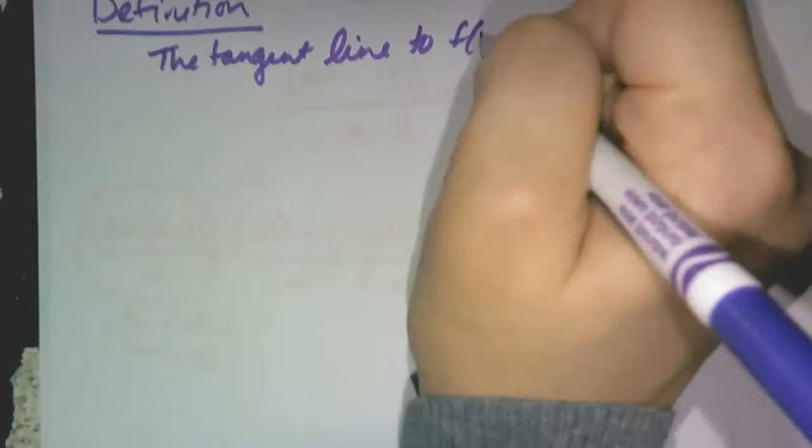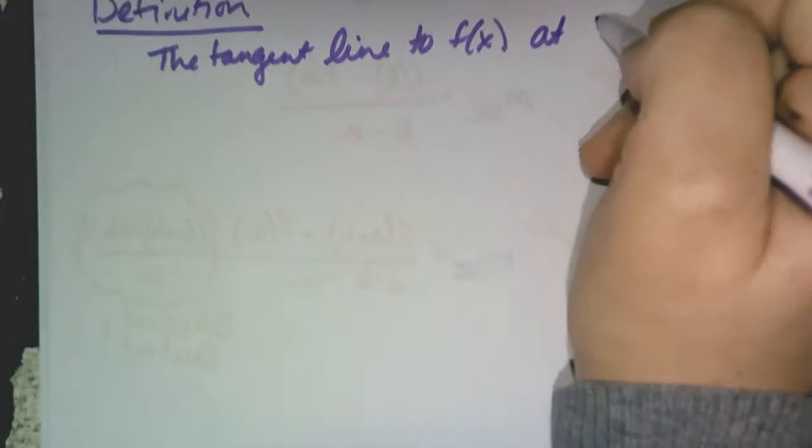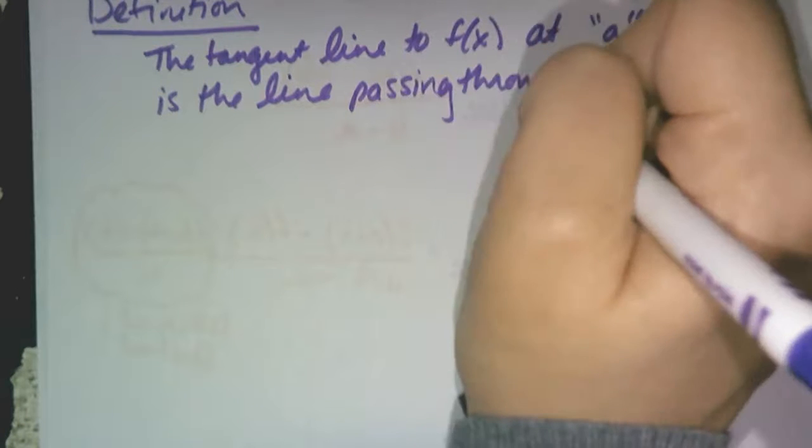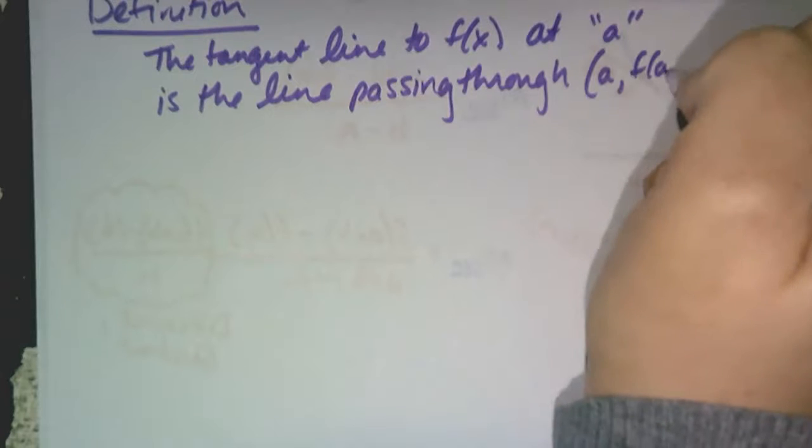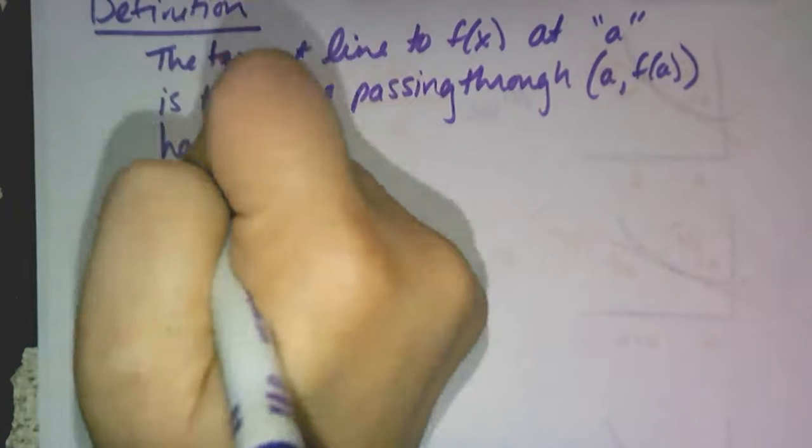So let me give you a definition here. The tangent line to f of x at the point A is the line passing through A comma f of A having a slope of the following.